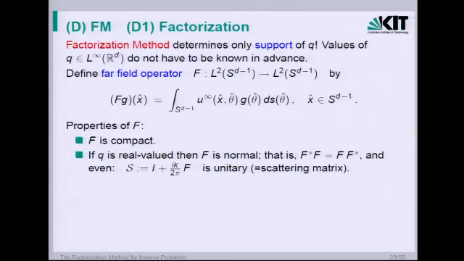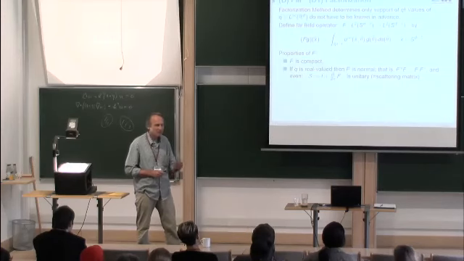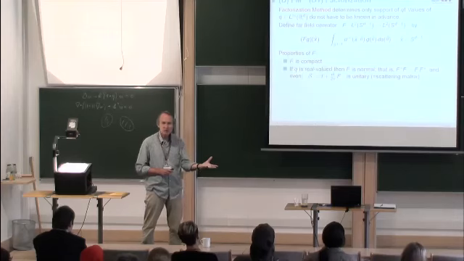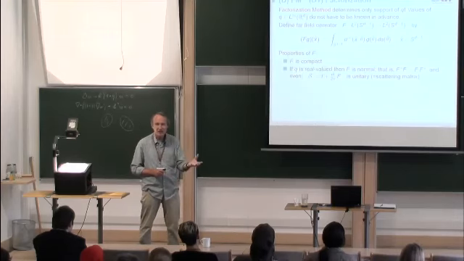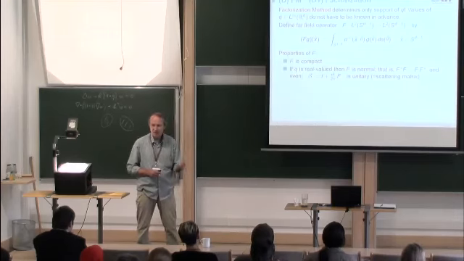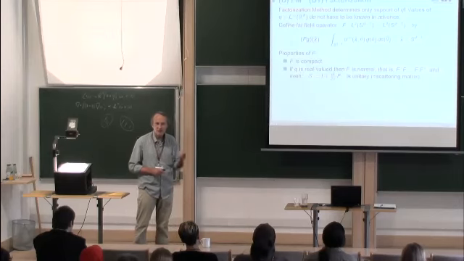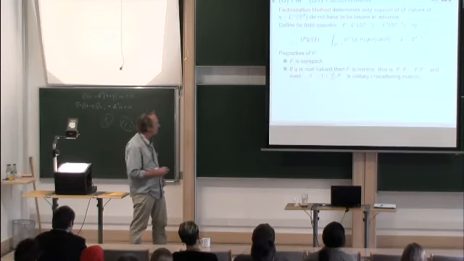That means it commutes with its adjoint. For me, it is very not surprising, but it's one of the very few applications of functional analysis where this operator is not self-adjoint, but it's normal, where you can really use the functional analytic properties of normal operators, and we will do that later on.